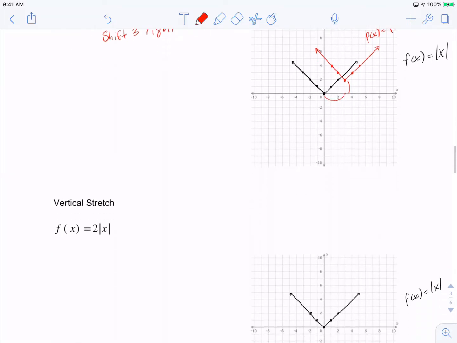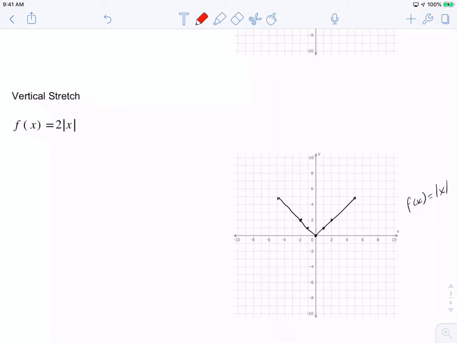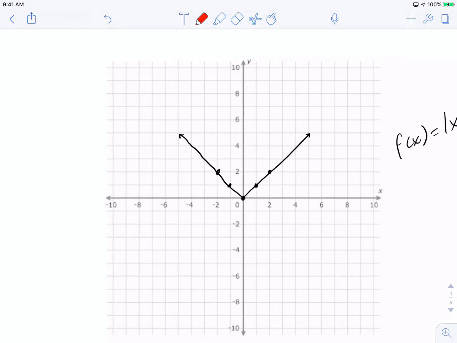Okay, let's look at a vertical stretch. What that ends up doing is stretching our function, so all of our values are going to be multiplied by 2. Our 0 won't change, because 2 times 0 is still 0. 2 times 1 will be 2, and 2 times the absolute value of negative 1 will be 2.